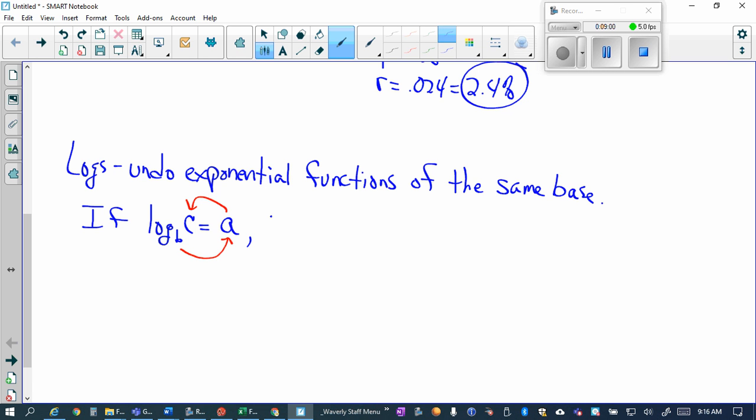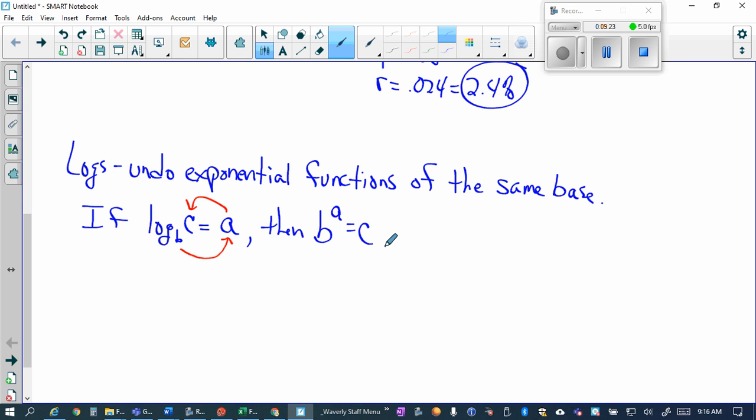That's what that log is saying, wherever the base is b. Like you could have log base 3 of something equals something, and that something in the third power equals that other thing. Okay?